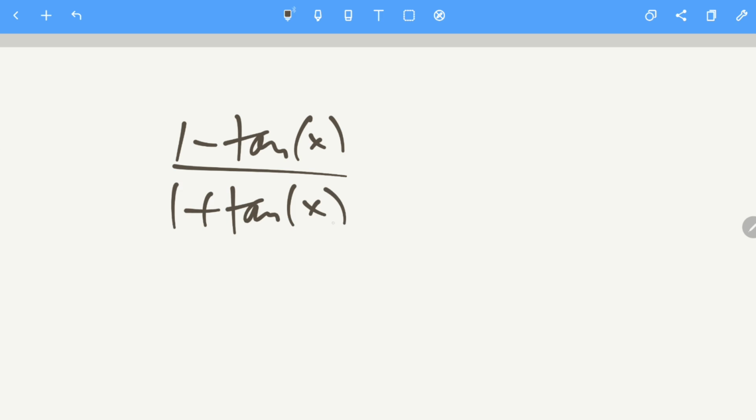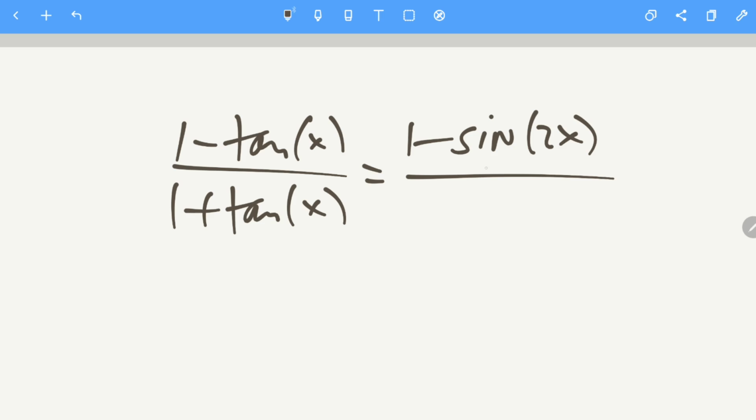Next example, 1 minus tangent of x divided by 1 plus tangent of x equals 1 minus sine of 2x divided by cosine of 2x. Guess from which side we have to start?